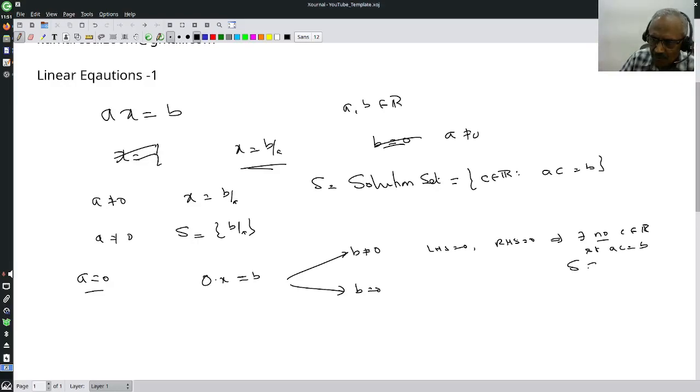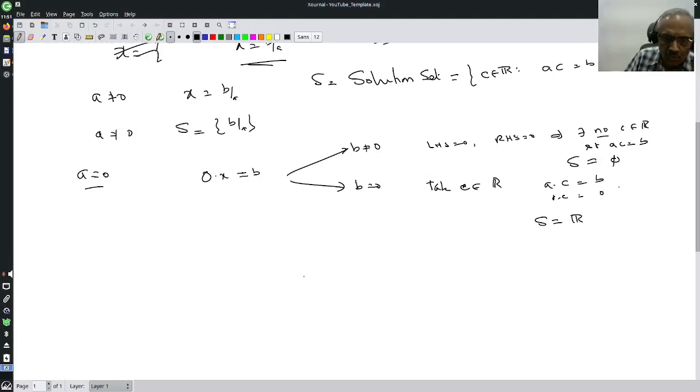That means the solution set in this case is empty. Whereas if b equal to 0, then take any c in R; then a times c is b, that is 0 times c equal to 0. Therefore, the solution set in this case is R.